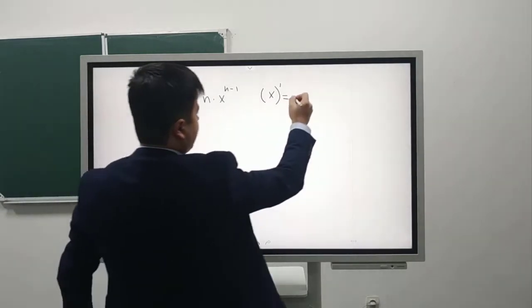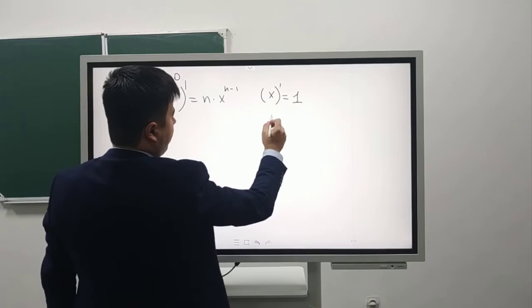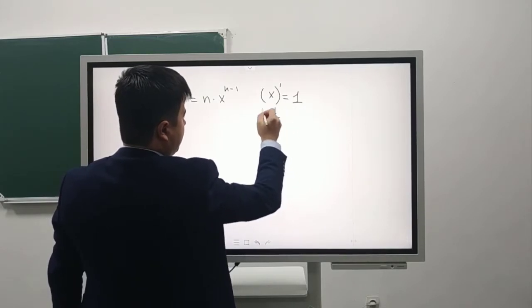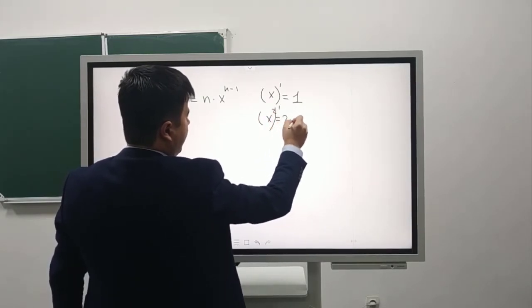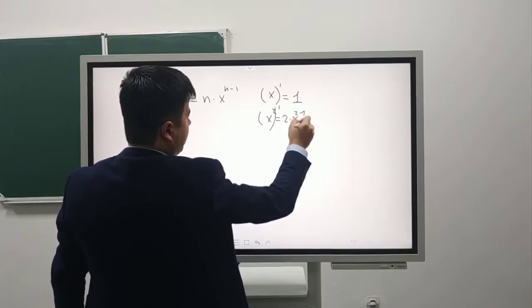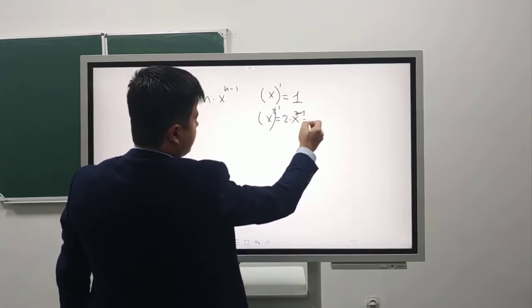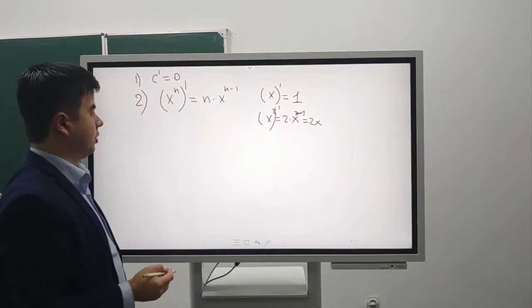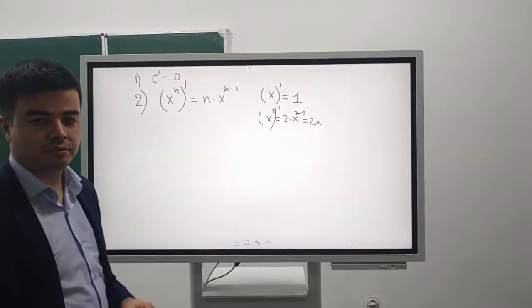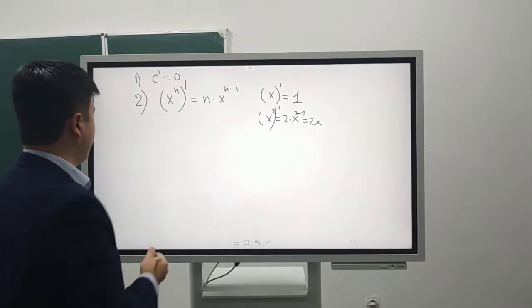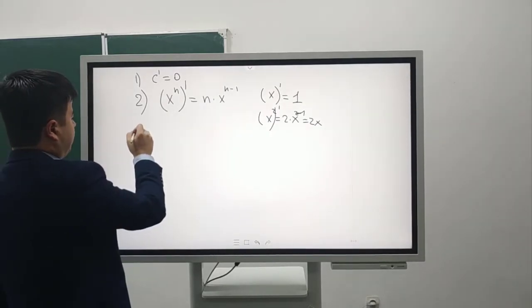And the answer is just 1. If you consider, for example, x squared, derivative of x squared is 2 times x to the power 2 minus 1. So 2 minus 1 is 1. So it's just 2x. And so on. So this is just power function. Here are some examples.